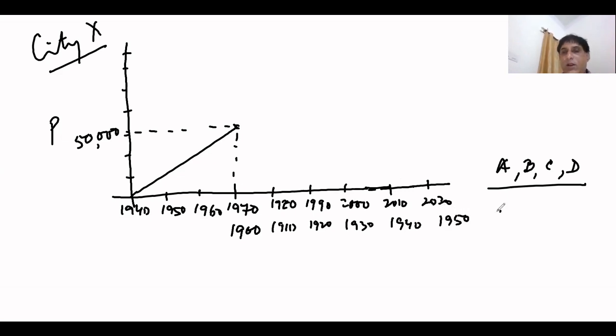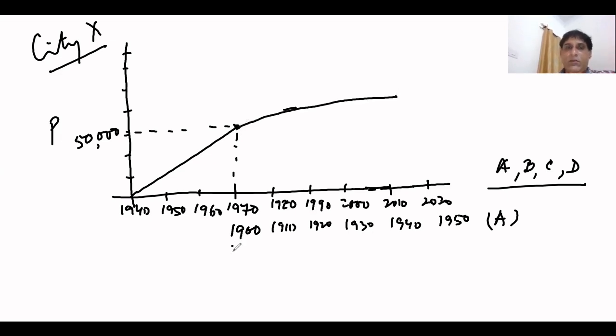We will plot the population curve, population versus time for city A. The population of city A in year 1900 was 50,000. Now today it is 1970. So we know the population of city A in 1950. Now suppose it followed this path, right?